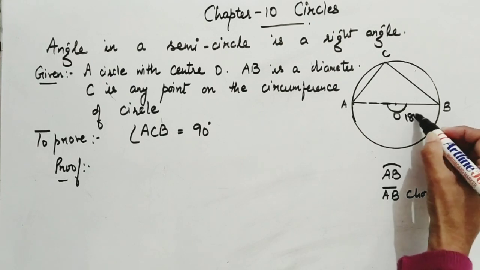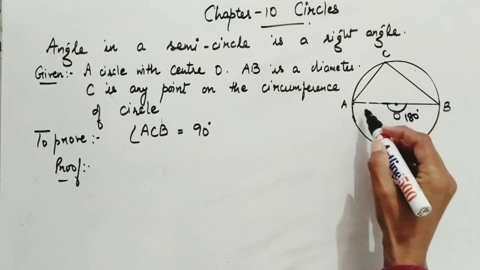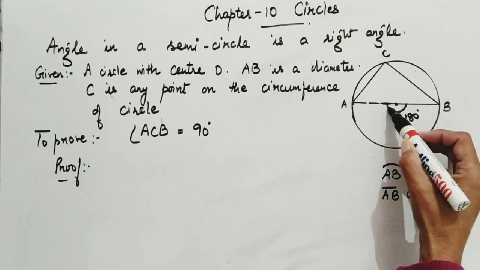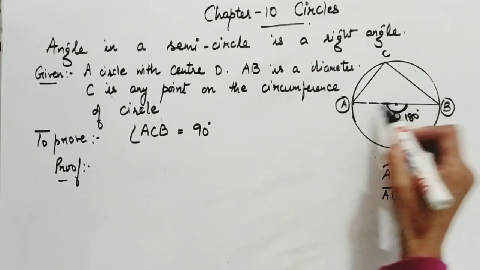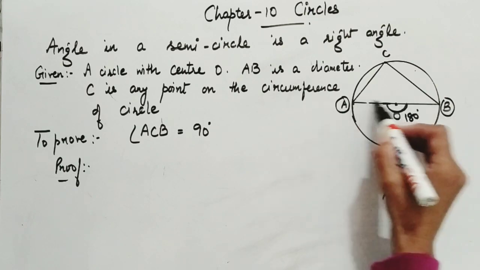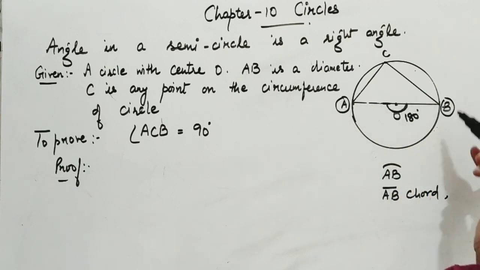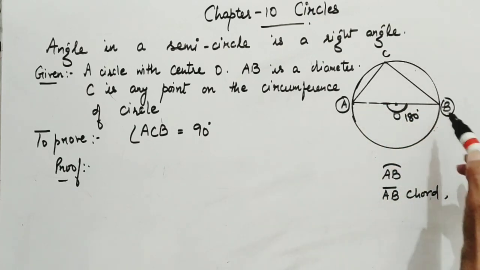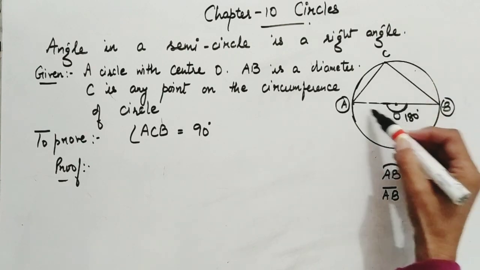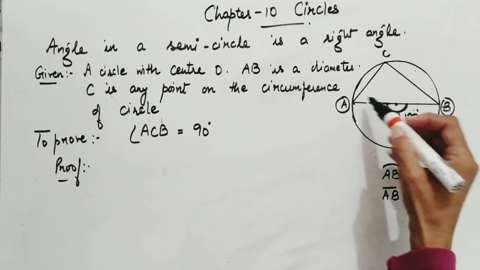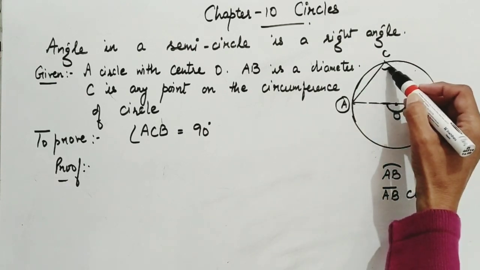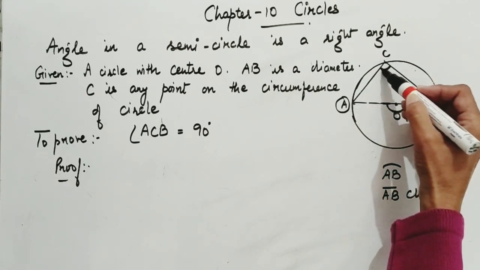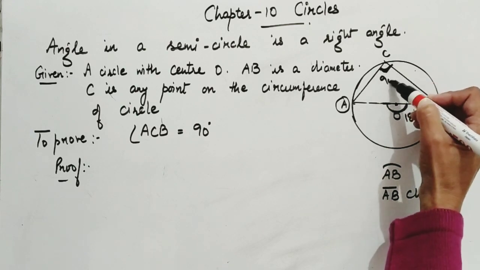It's 180 degrees at the center, since it's a straight line. Now the same points A and B, or the same chord AB, the angle formed by it at the remaining part of the circle would be half of it. So if AOB is 180, half of AOB would be 90. So hence we would get the result that angle ACB is 90 degrees.